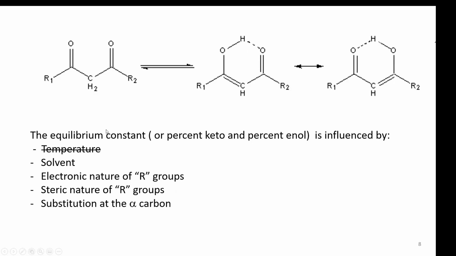Also, we look at the electronic nature of the R groups. If we replace those carbon with a different R group, or we place the R group with some steric nature, so larger, very large R groups, they're gonna affect the stability of each tautomer and the substitution at the alpha carbon.